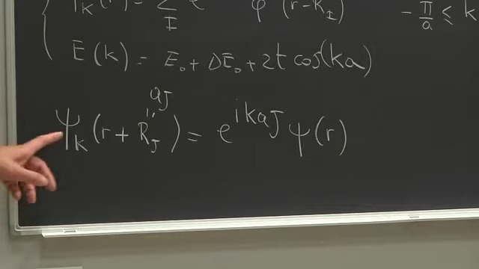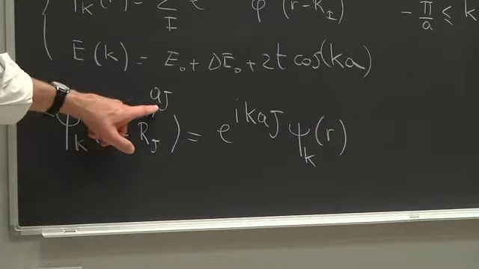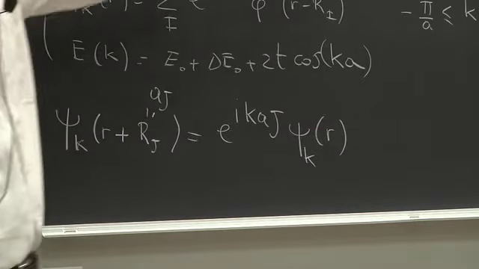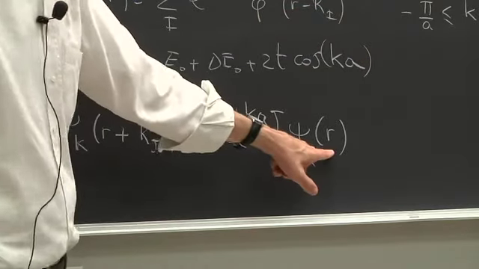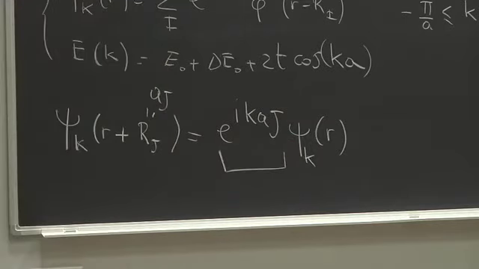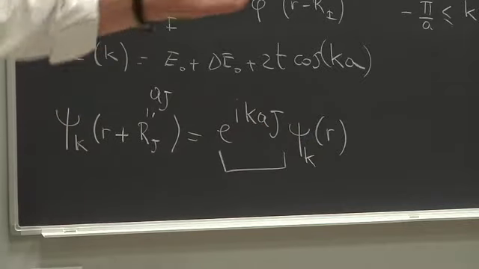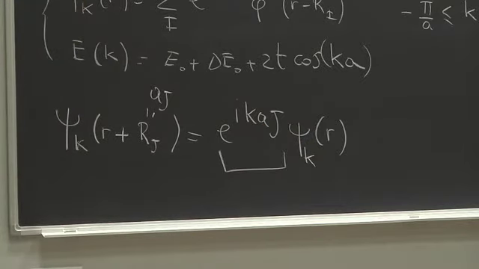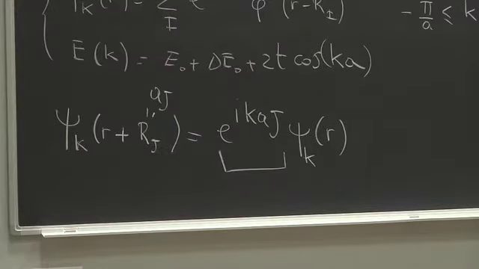In other words, if I translate my wave function by an arbitrary repeat unit, I get back to my wave function, but I acquire a phase which is proportional to the number of steps, how many steps I actually moved.